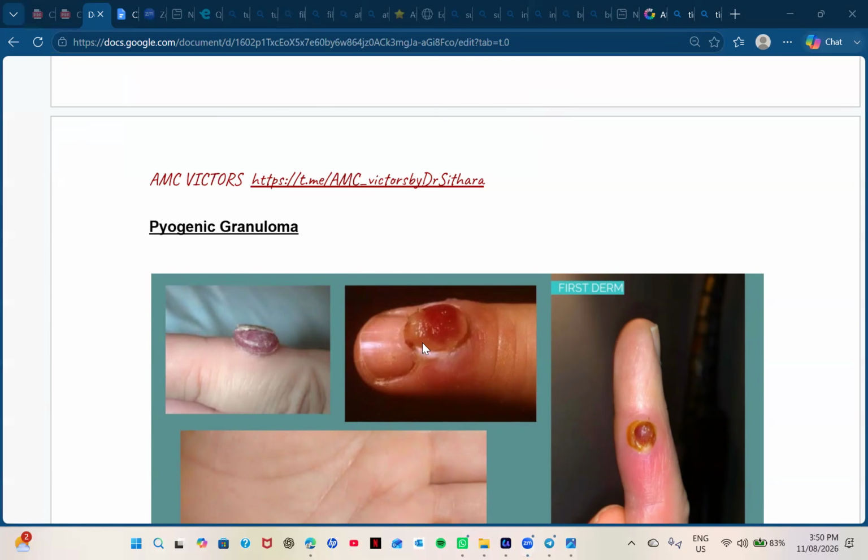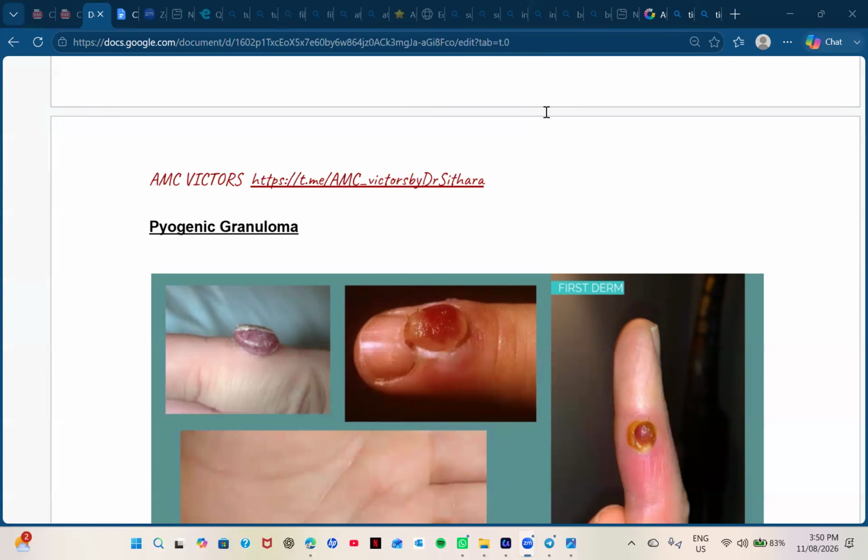How does it present? It's due to minor trauma, and it can be associated with hormonal changes in pregnancy. It can also be due to medications, and sometimes it can be idiopathic.